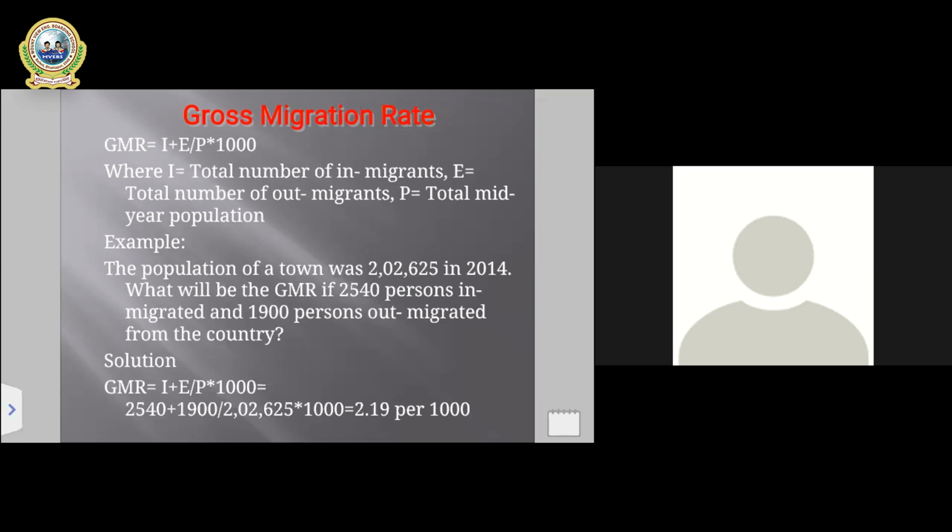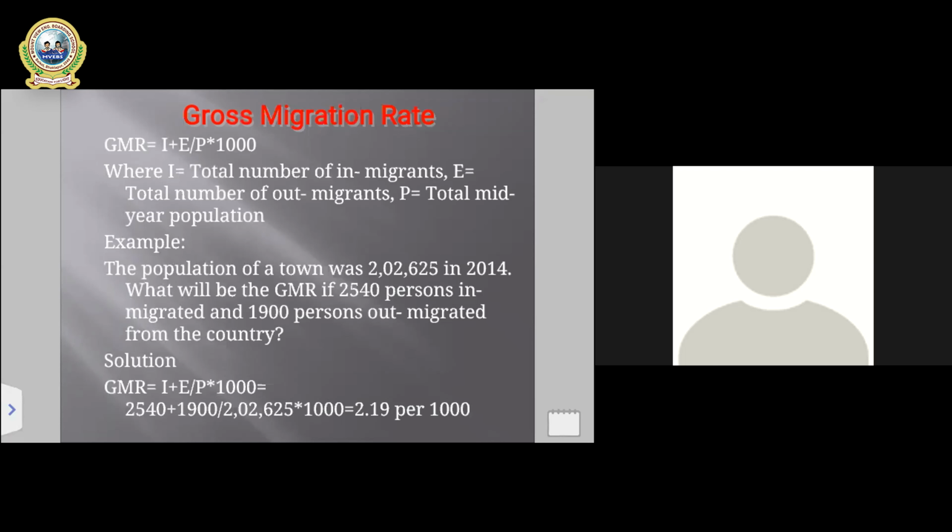So my dear students, once again you can see the example: total population 2,02,625, total incoming population 2,540, and total outgoing population 1,900. From these values we can easily calculate the GMR, that is gross migration rate.